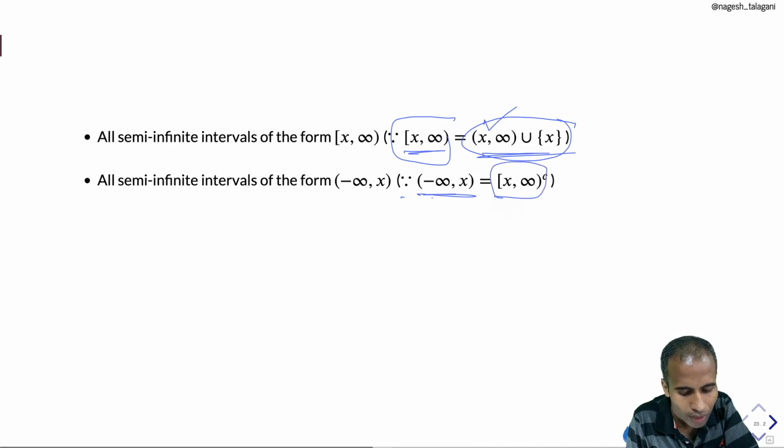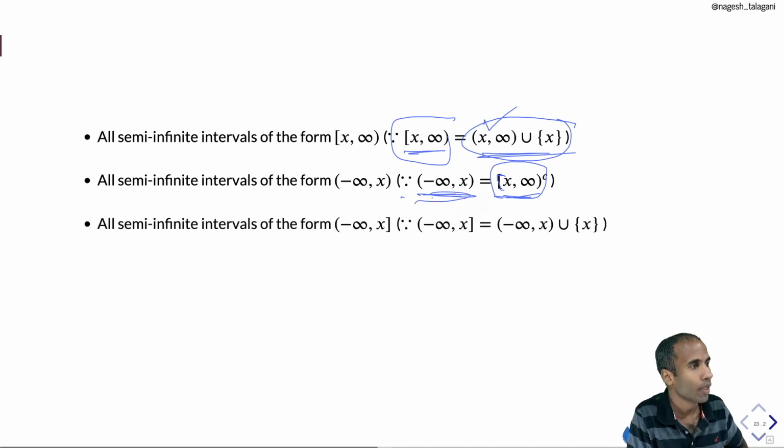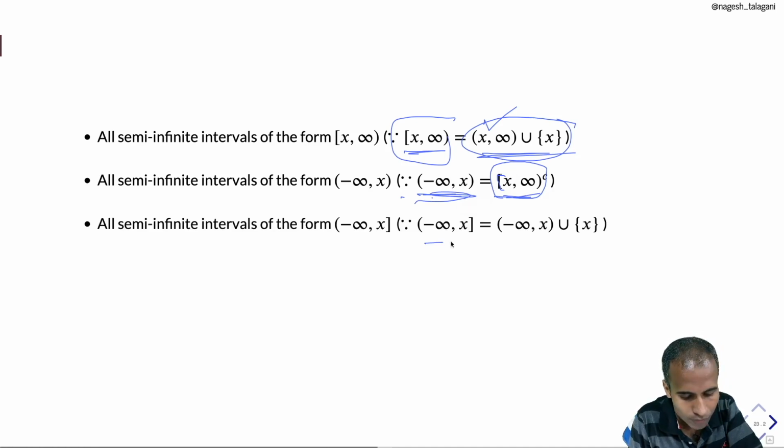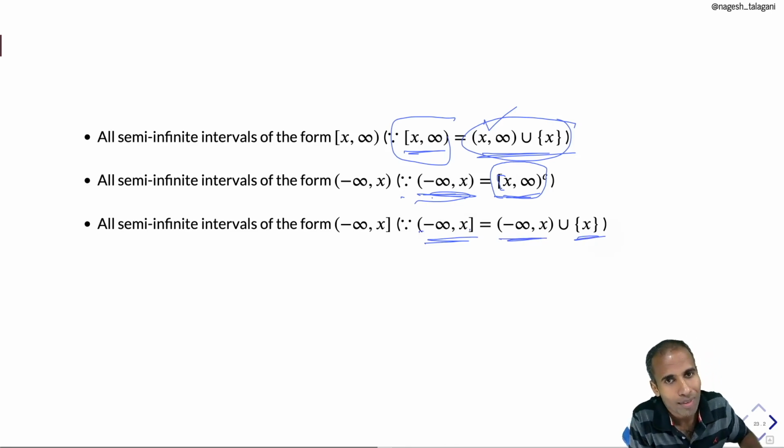We already know that the closed interval x to infinity is a Borel set, so by closure under complementation, the complement of this one must also be a Borel set. And all intervals of the form minus infinity to closed x are also Borel sets, because they can be realized as minus infinity to x union singleton x. The union of two Borel sets should be a Borel set.